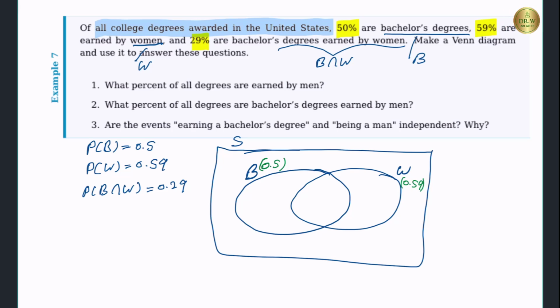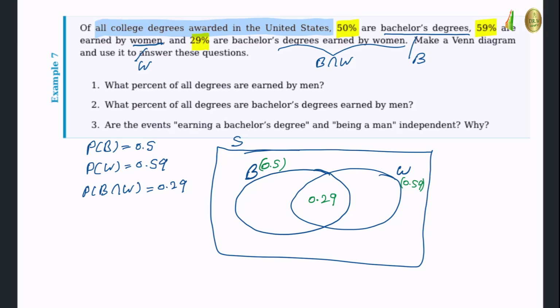First we need to understand the intersection. Here the intersection is given, it is 0.29. Now we can fill the rest of the regions. First go to the B event. So event B is 0.5 and intersection is 0.29. Therefore we need to fill this one. How do we fill that part? That is the only B part.